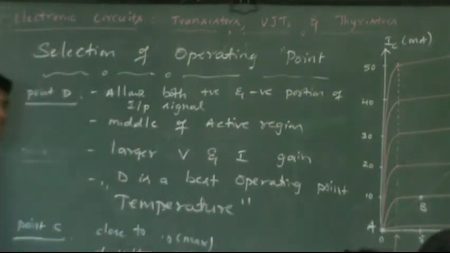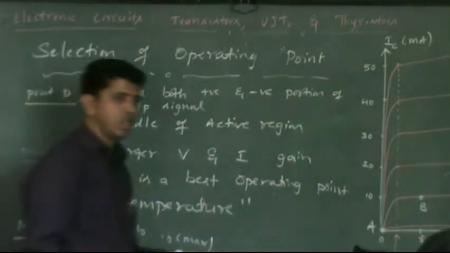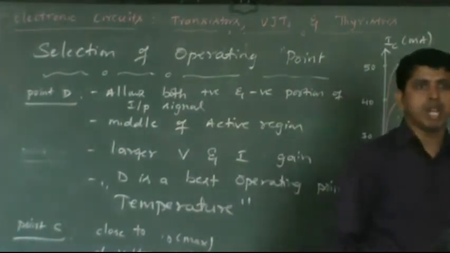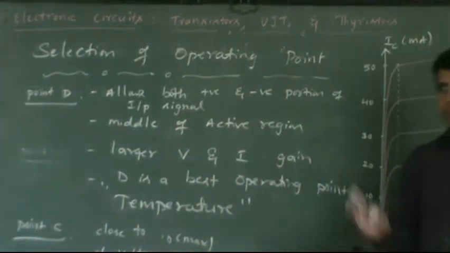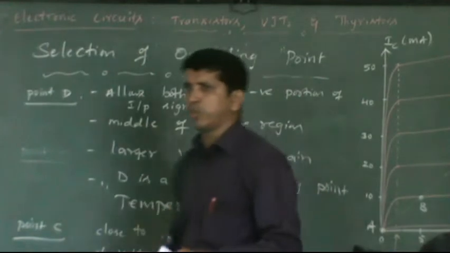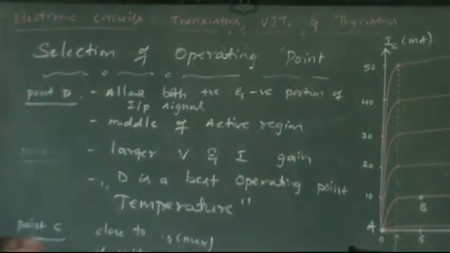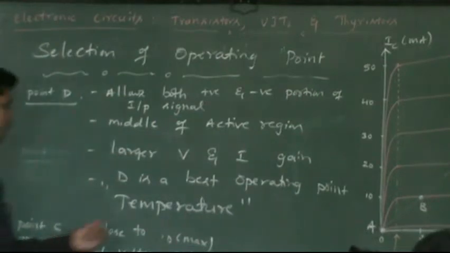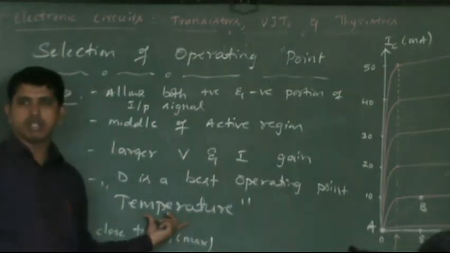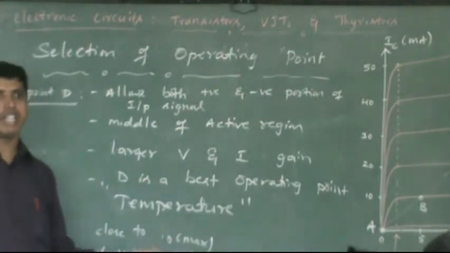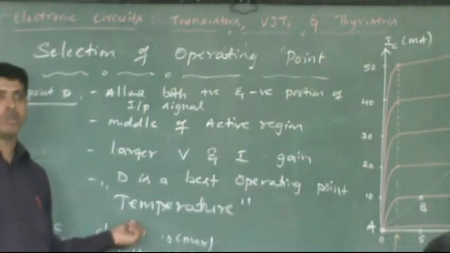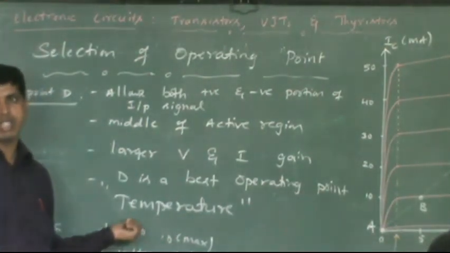Now, how do you overcome these temperature problems? Even though temperature varies, my amplifier should provide proper output, no distorted output, proper faithful amplification. How do you achieve this? Can we maintain a stable output irrespective of temperature variations? Say temperature may go even down, negative temperature, or temperature may go even high, say 100 degrees Celsius.